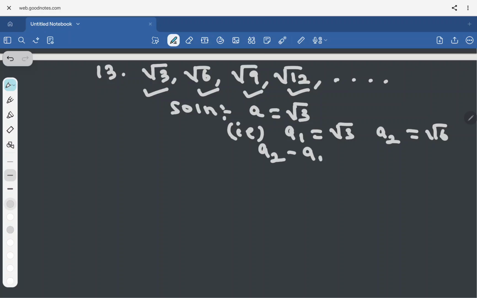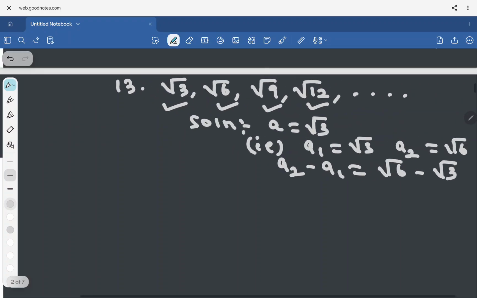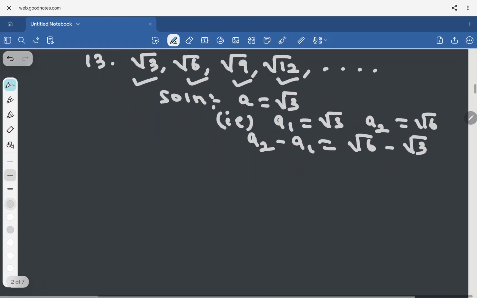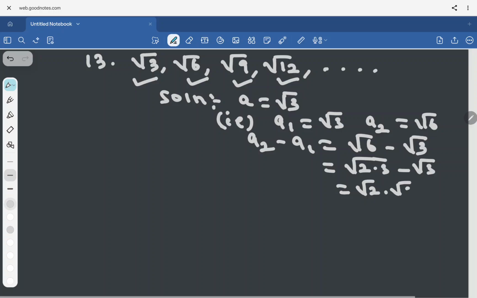Find difference. a2 minus a1, root 6 minus root 3. This is root of 2 into 3 minus root 3. This is root 2 into root 3 minus root 3. Take root 3 outside, root 2 minus 1.